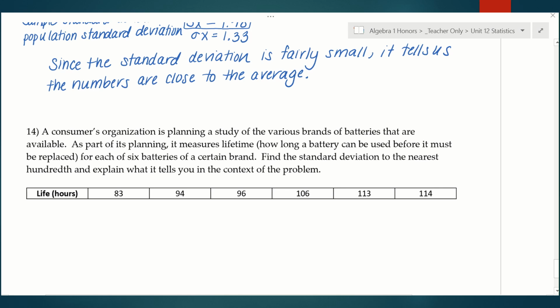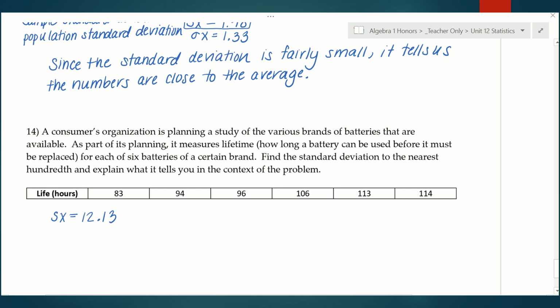I'm going to go ahead and add a new page, calculator page. I'm going to go menu, statistics, stat calculations, 1 variable statistics, enter because there's only one list. Call my X1 list X, hit OK, and I should see that my standard deviation, sample standard deviation, is 12.13 to the nearest hundredth.